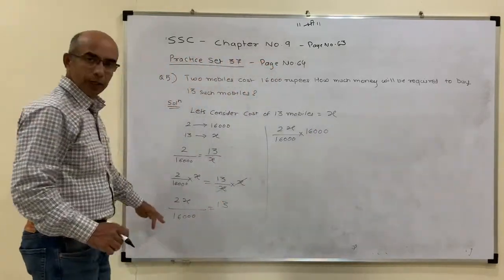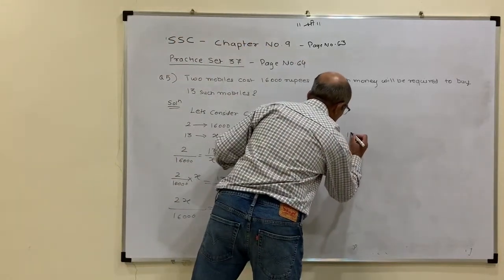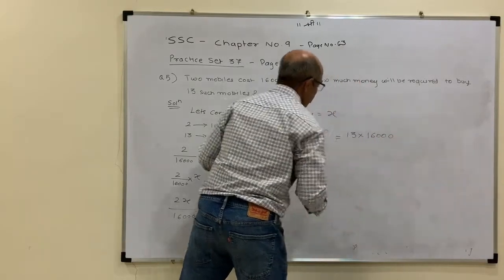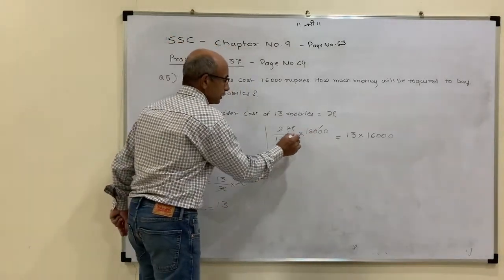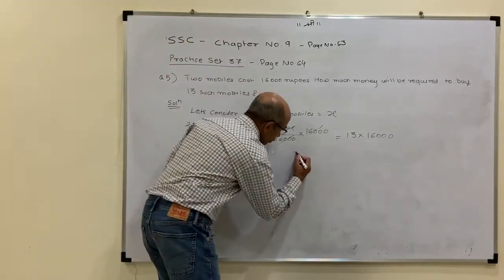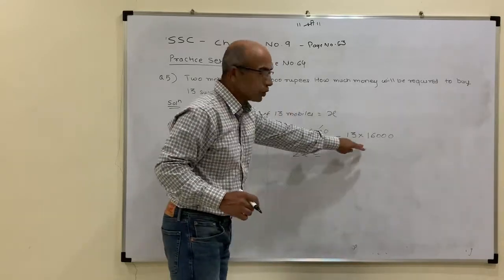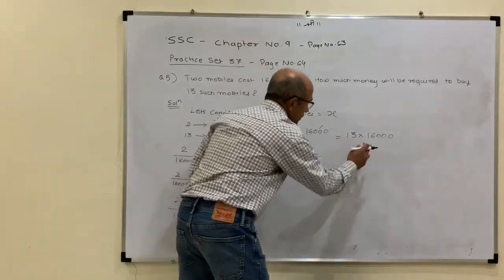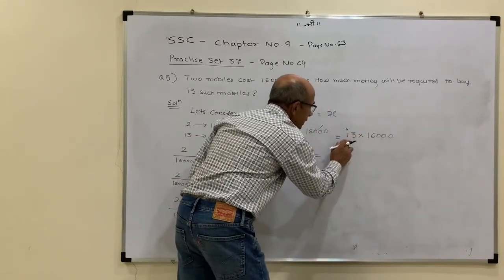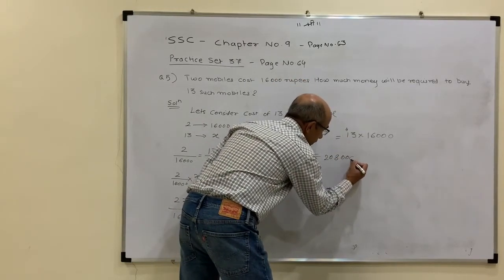And since we are multiplying on the left hand side, we need to do the same operation on the right hand side. 16,000 is gone. So now our next step is 2x equals 13 into 16,000. Here you can do this multiplication. 16 3s are 48, 4 carry, 16 1s are 16 plus 4 is 20, and then 1000.